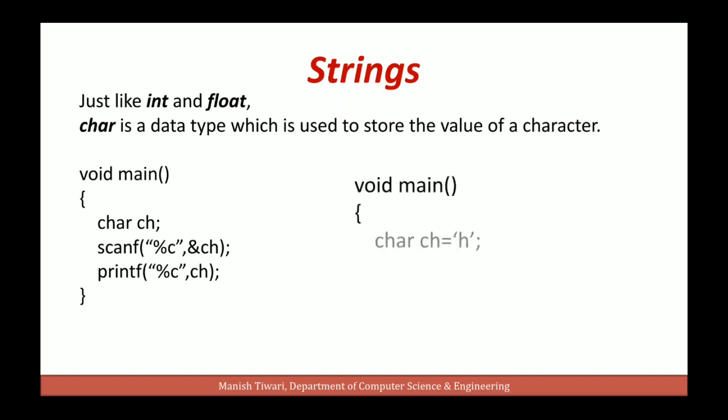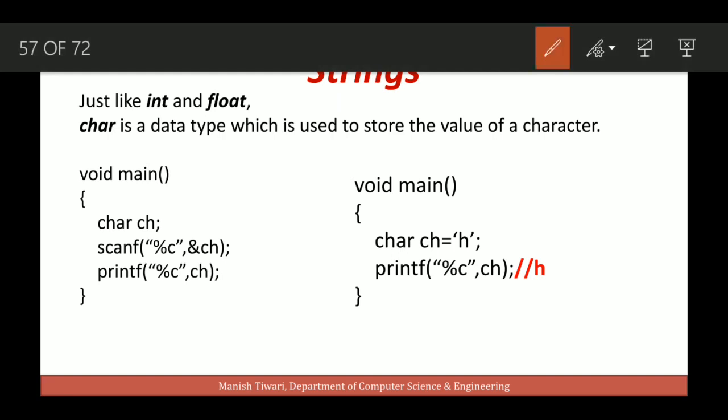We can also initialize this data type using single quotes only. Here you can see this variable ch of data type char is initialized with h. That means the value of ch is h. One thing we have to keep in mind is that a character constant will always be used with single quotes.